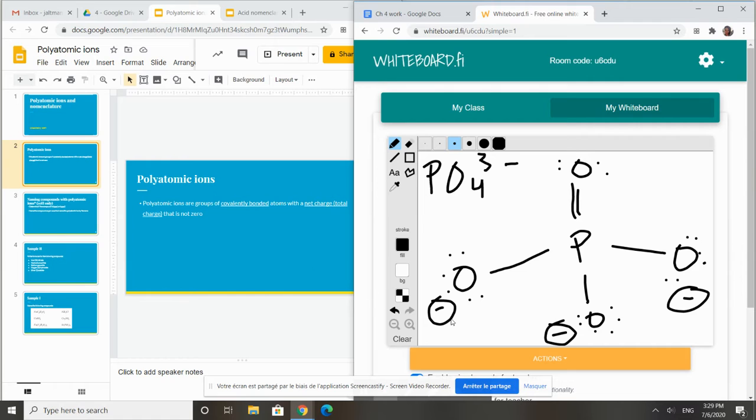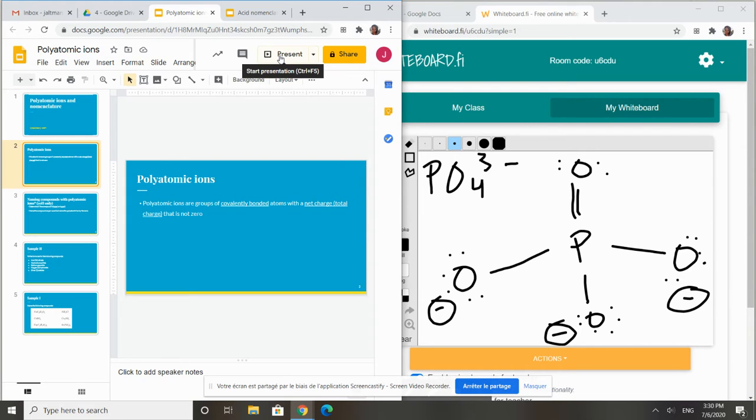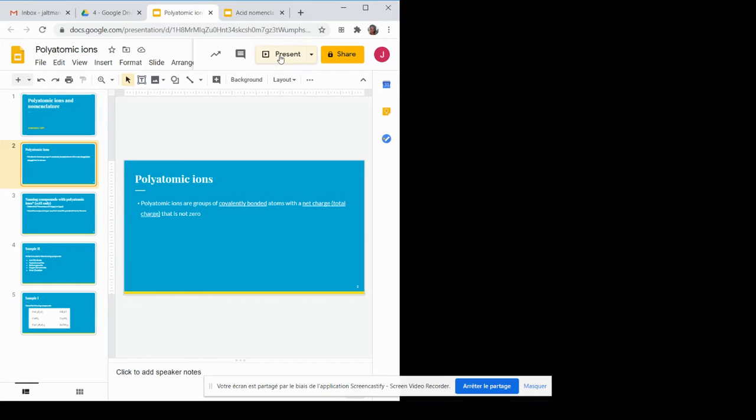Notice I have 1, 2, 3 negative charges, and it says 3- up there, but it's by and large covalently bonded. Truth be told, you don't really need to be able to visualize that to do these problems. I just wanted you to have seen it so you know where this comes from. And you should have your polyatomic ion sheet, which is just a list of formulas and names, with you as we go through this video.